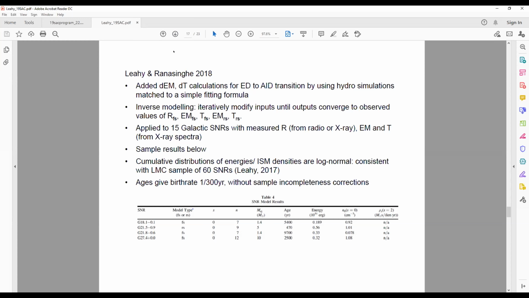And we also did the same thing with the sample of 60 supernovae in the LMC. We have all the distances and all the X-ray observations.